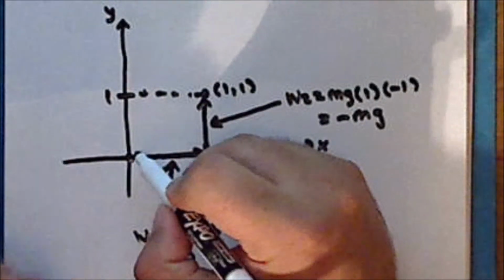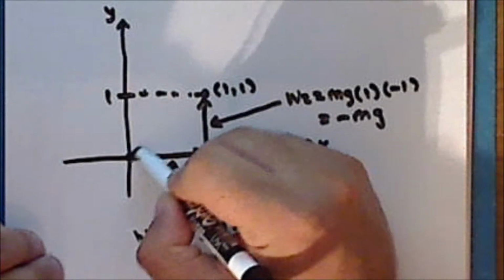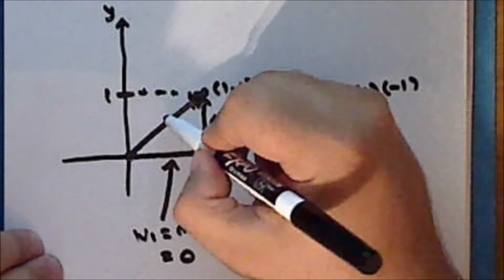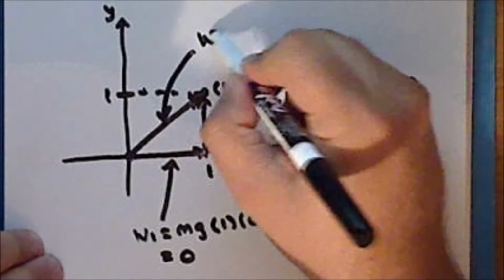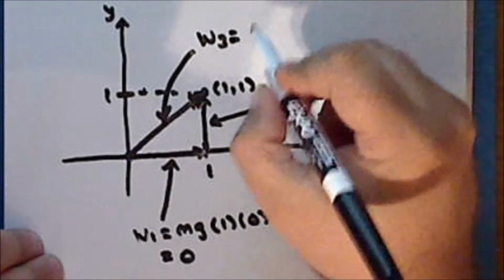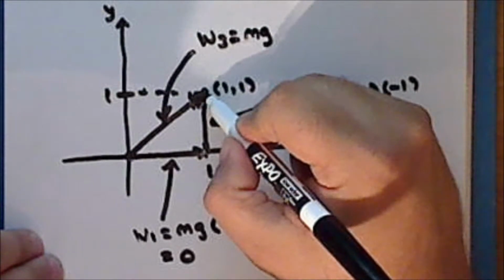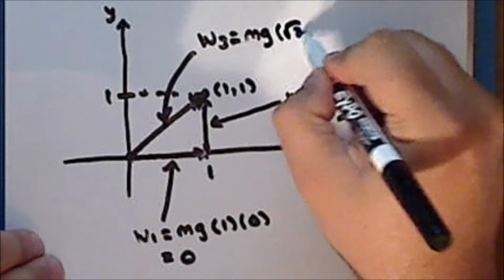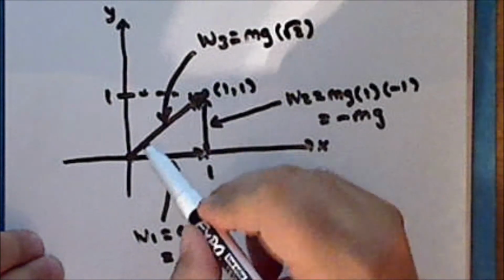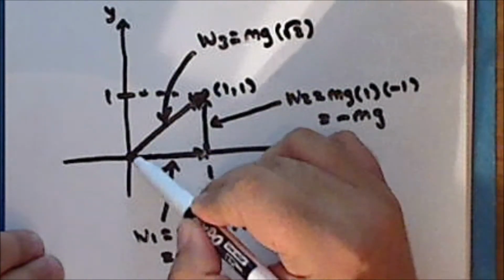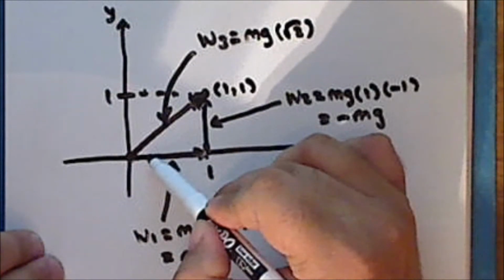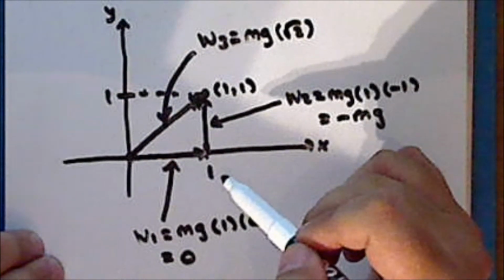So now let's consider the path from the origin to the point 1, 1 along the line y equals x. The work done by gravity is the magnitude of the force of gravity, which is m times g, times the magnitude of the displacement. This is an isosceles right triangle, so the magnitude is the square root of 2. Now the angle between the displacement vector and the force of gravity is 45 plus 90, which is 135.